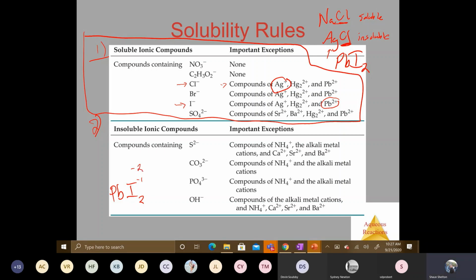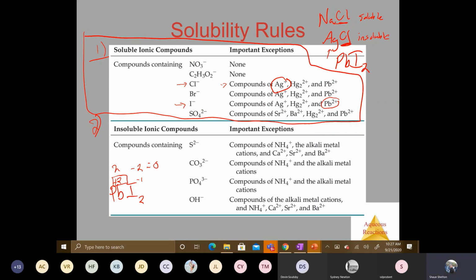So this is -2 overall. Now, this compound is equal to 0. It's a neutral compound. That's why it's 0. So 2 minus 2 equals 0. I look at the lead, I see that there's only one lead. That means that lead is +2.